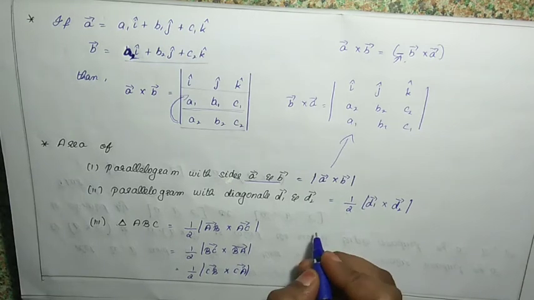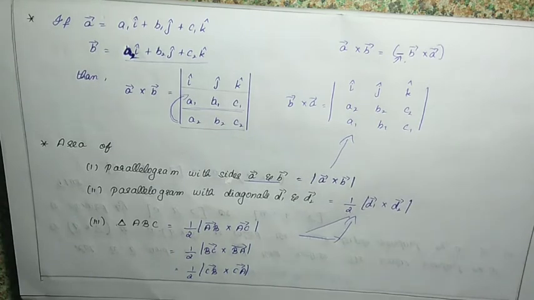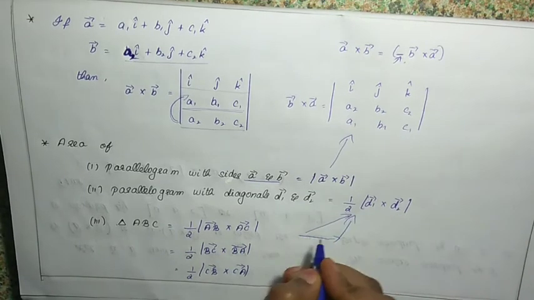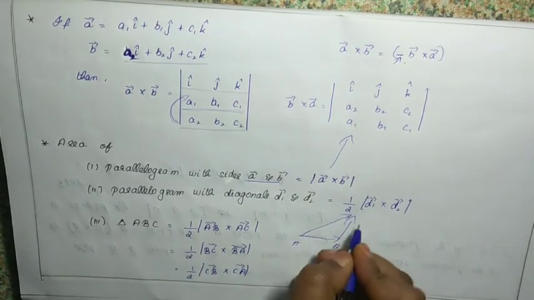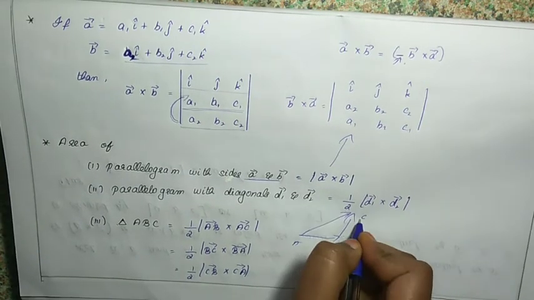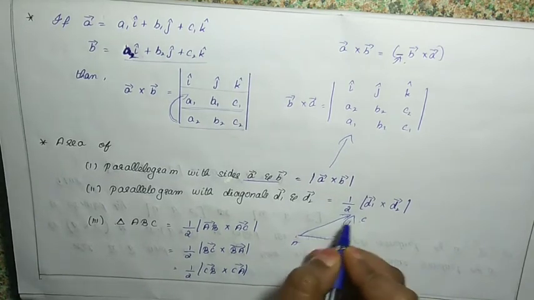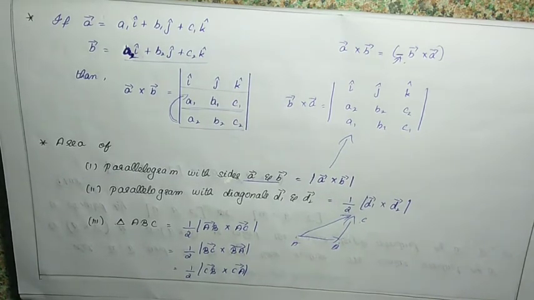But you should follow this one. Okay, so you have to be very, very careful. Next, here A, B, C, so AB vector cross BC vector, or AB vector cross AC vector. Okay, you just have to be careful with the direction.